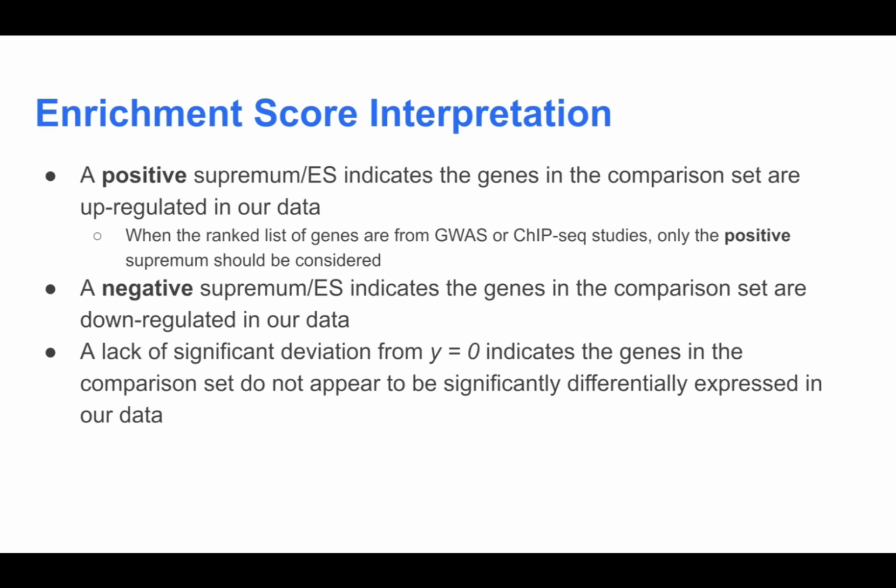If you have a negative supremum or enrichment score, like we saw in our example, that indicates that the genes in the comparison set tend to be downregulated in your data. And then if you have no significant deviation from y equals 0, and I'll talk more about significance later, that indicates that the genes in the comparison set do not appear to be significantly differentially expressed in your data.